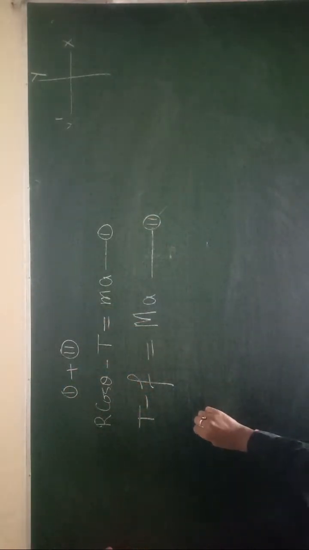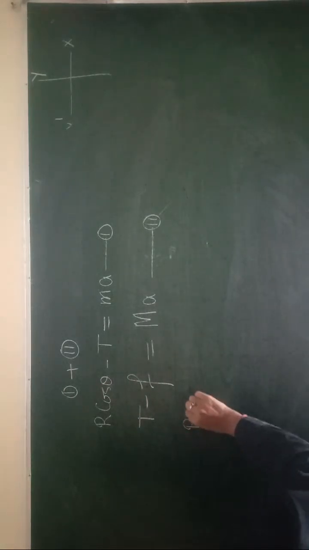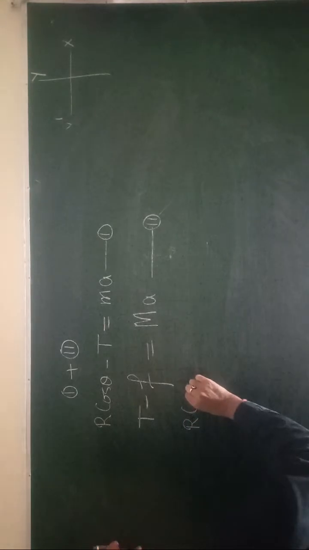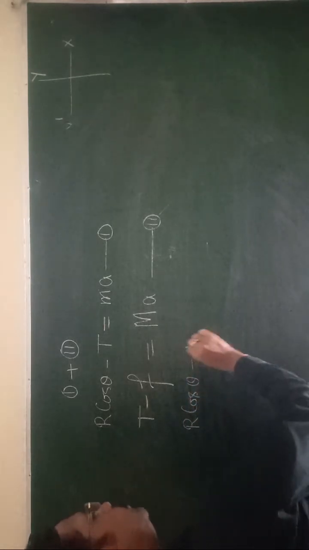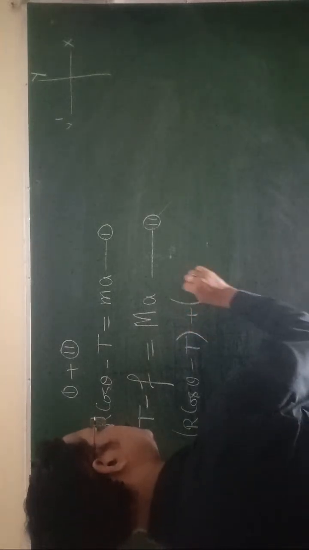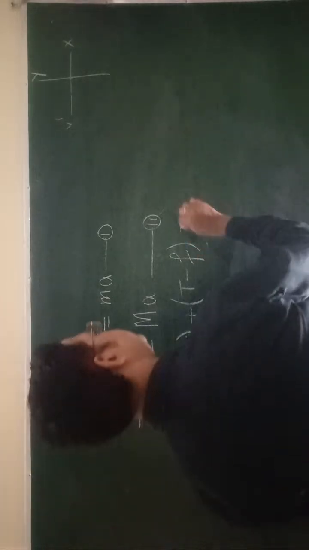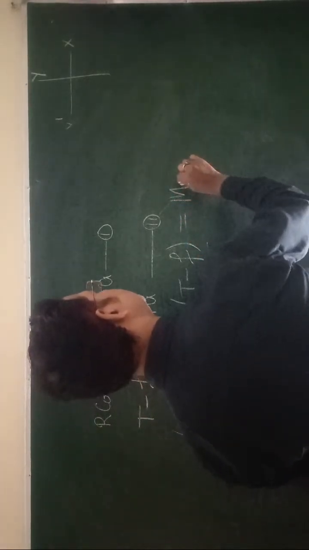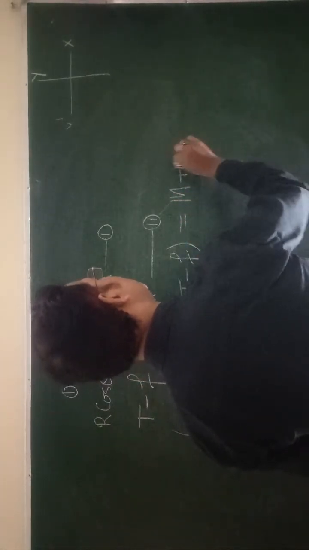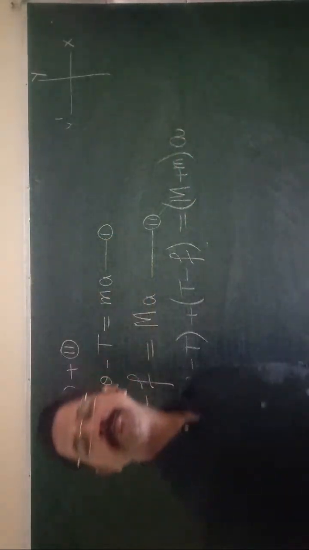To add it: R cos theta minus T plus T minus f is equal to capital M plus small m times acceleration, as the acceleration is equal.